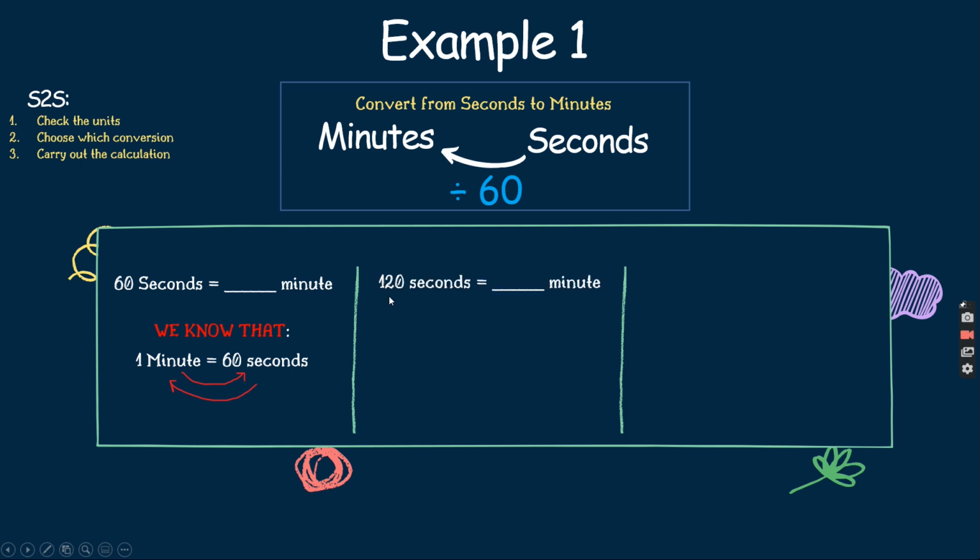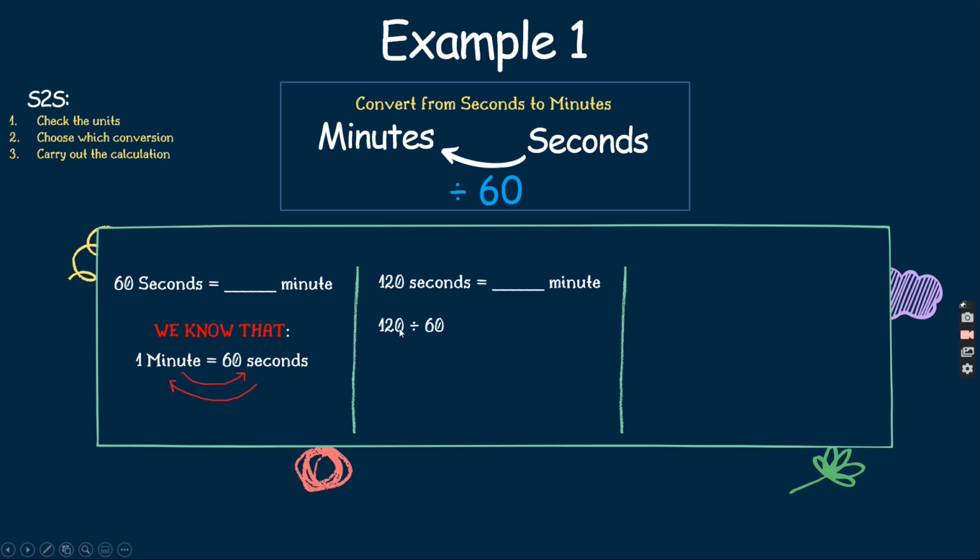Now we're going to change 120 seconds to minutes. So we just write it down. We do not need to do long division on this one because I'm going to teach you the shortcut. So rewrite it as normal, 120 divided by 60. Now how many zeros are there here?